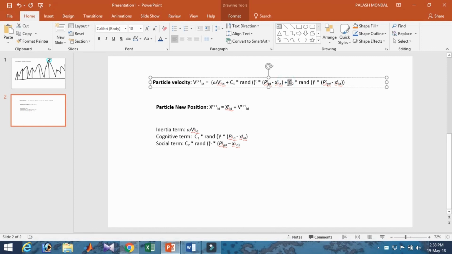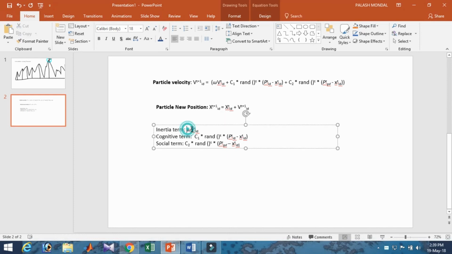In this equation, rand is a random number between 0 and 1, and this is the particle best position minus the particle position component, and this is the particle global best position minus the particle position component. This equation describes the particle's new position, which is the particle's previous position plus the particle's new velocity.